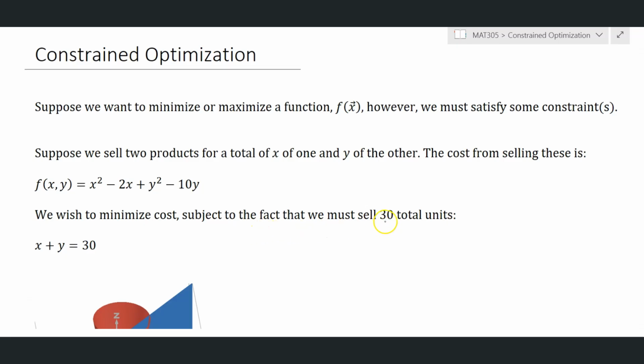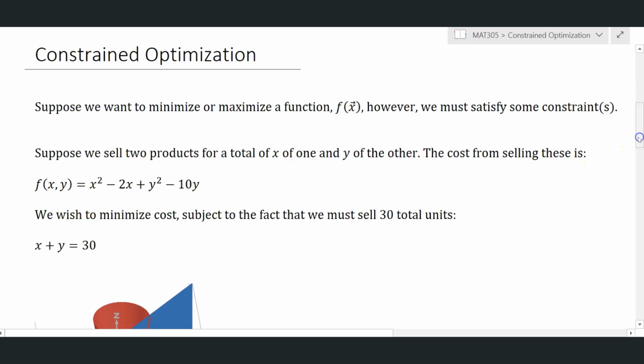We need to sell 30 units, because you might say, well, if you just have an unconstrained problem, then you should sell 0 units of each, because then your cost will be $0. We plug in 0 for x and 0 for y. But we need to sell exactly 30 units, let's suppose. And so the question is, what should x and y be in order to sell 30 units, but at the same time make the minimum possible cost?